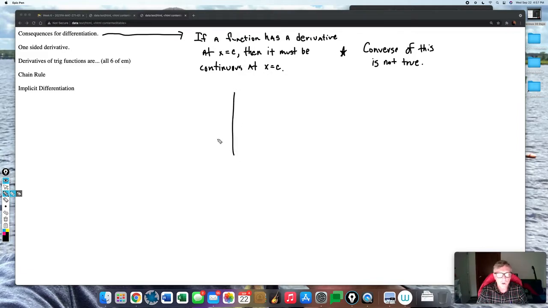Let me draw a function that has a nice smooth curve to it, something like this, and here is a value of c. If I go across on the other axis, we have f of c. Then I can draw the tangent line here. So the tangent line exists.